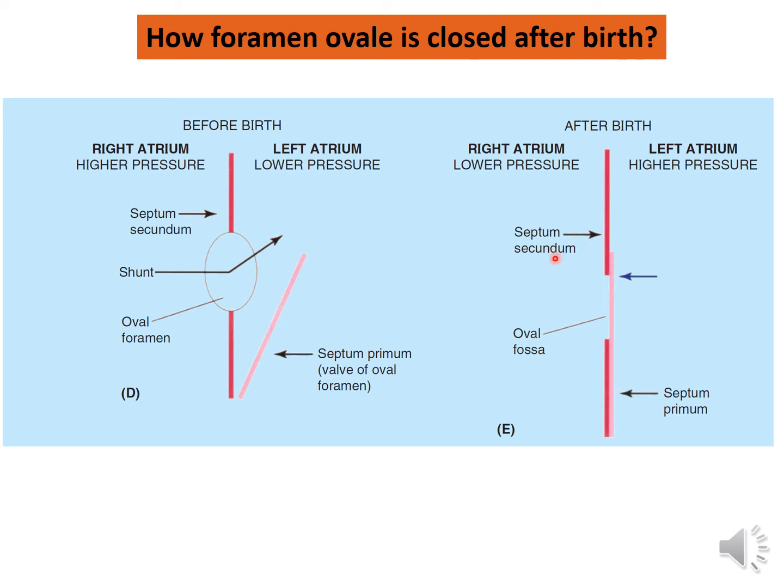Hope you understood. In a few infants, due to developmental errors, this foramen ovale remains, and it leads to various consequences, and this results in one of the congenital anomalies of the heart.